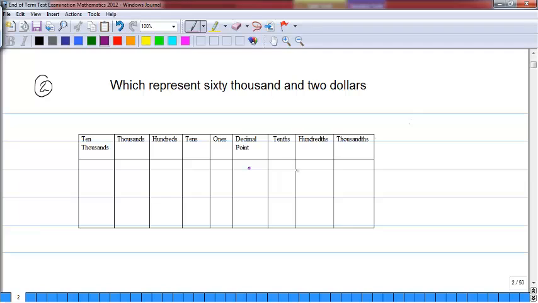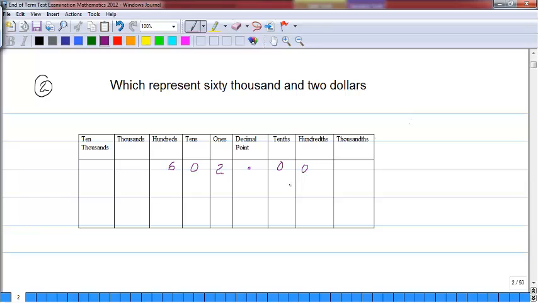We have 0, 0, 2 ones, no tens, 600. So this would be $602. So that's not $60,002. So it's not A.